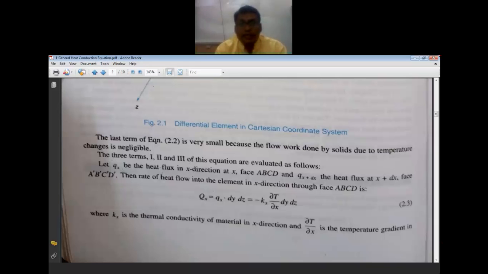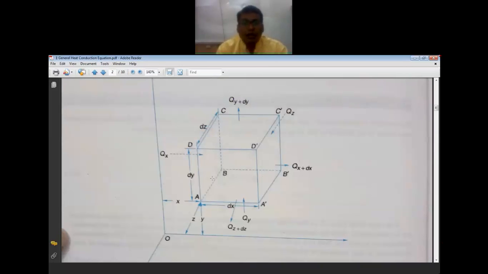Let small qx be the heat flux in the x direction at the x face, that is the ABCD face. Through this face the heat is flowing in the x direction.